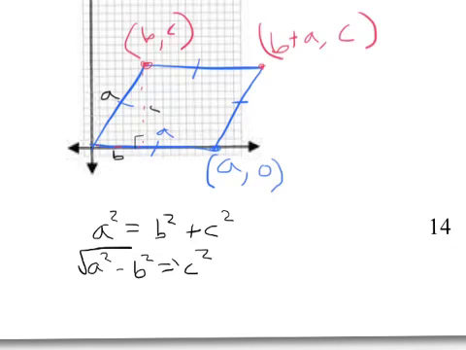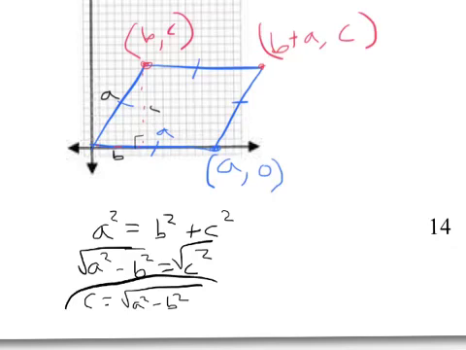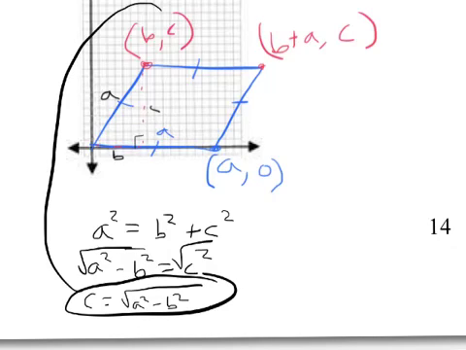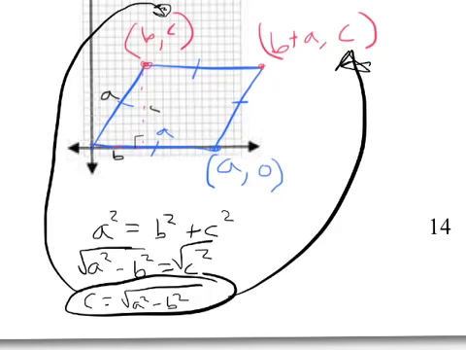Then we could take the square root of both sides, and C is actually the square root of A squared minus B squared. And then we could plug that in for our C here and for our C here. Now this is extra, this is not one we need to know, but I'm just showing you how we could use coordinate geometry to simplify this even more.